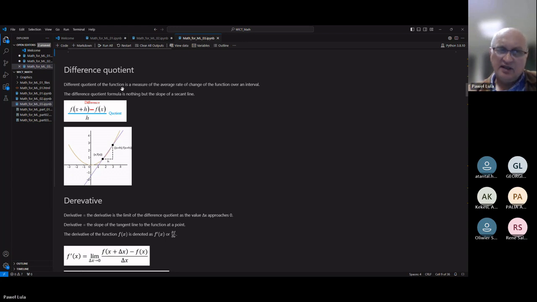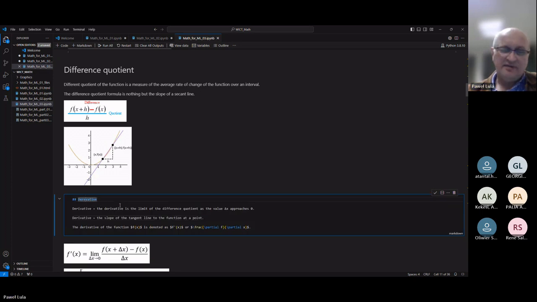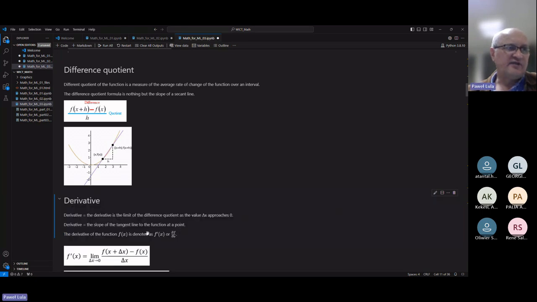And also, this concept is very useful and very important when we want to define derivatives. Sorry, it is here. I see. My mistake. Derivative.